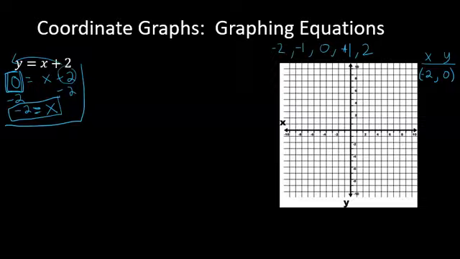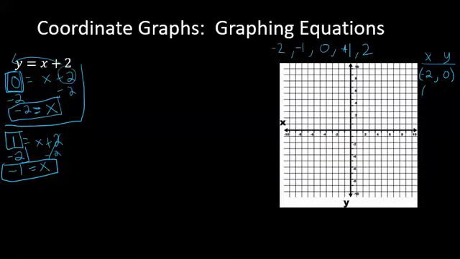Let's do 1. 1 equals X plus 2. Well, I got to get that X by itself. So what does that leave me with? -1. So here's what I ended up with: that's -1, 1.